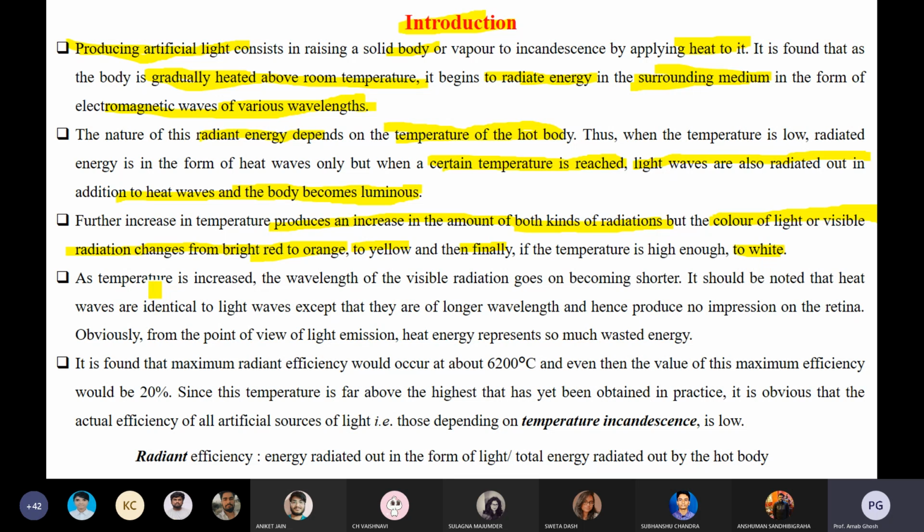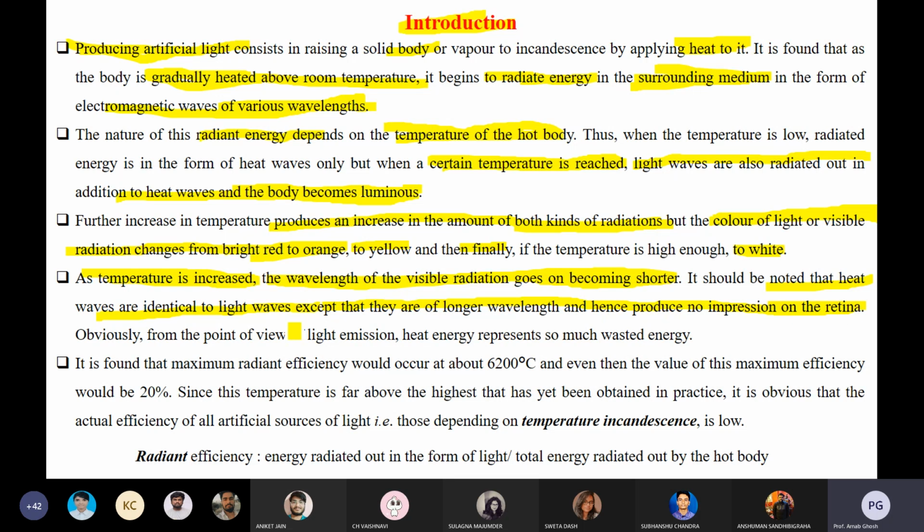As temperature is increased, the wavelength of the visible radiation goes on becoming shorter. It should be noted that heat waves are identical to light waves except that they have longer wavelength and hence produce no impression on the retina.